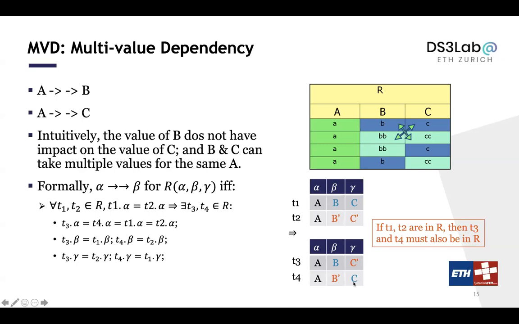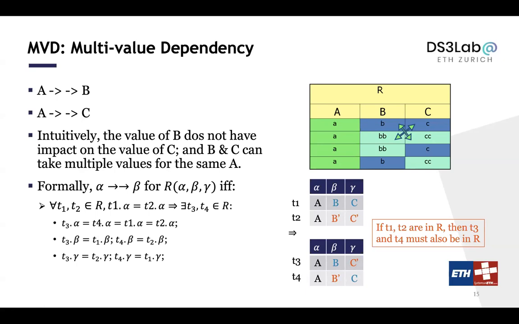So I have T3, which takes T1's beta and T2's gamma, and I have T4, which takes T2's beta and T1's gamma. If you look at the color coding, it's very clear.